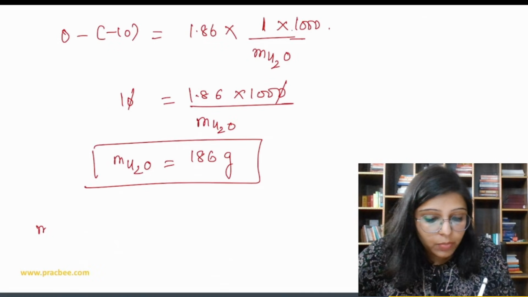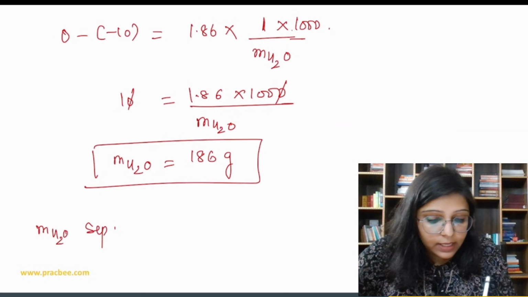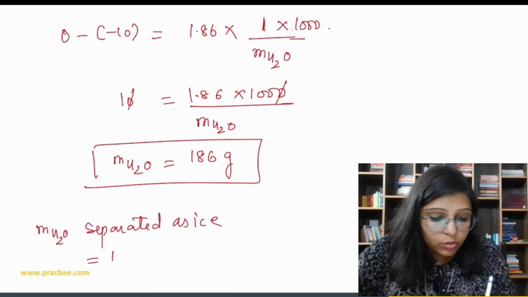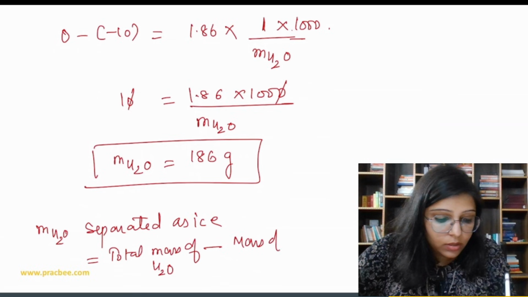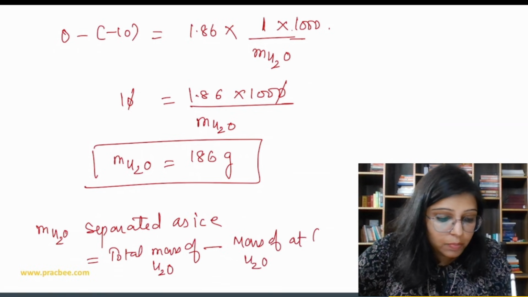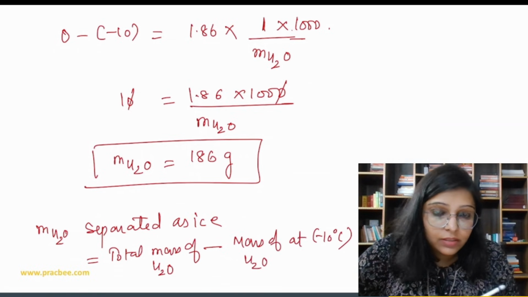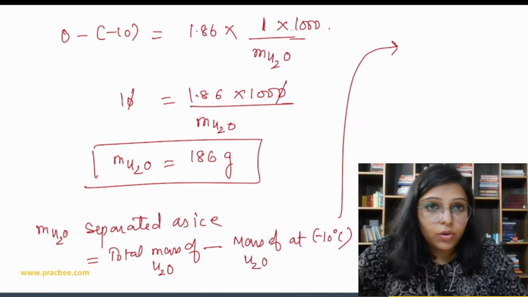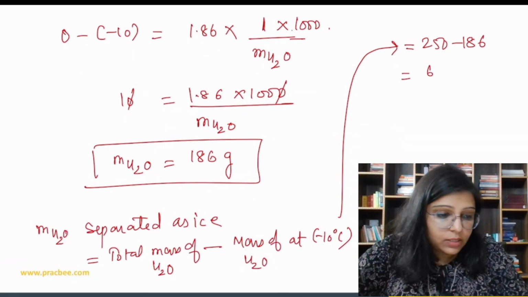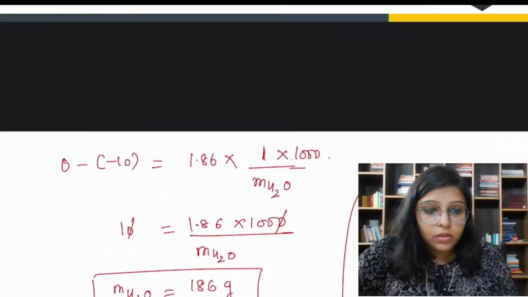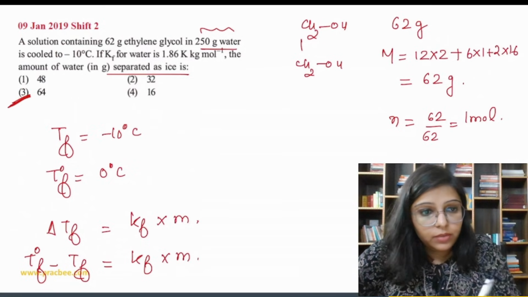So mass of water separated as ice is equal to total mass of water minus mass of water at minus 10 degrees Celsius. So on solving this, we get 250 minus 186, which is equal to 64 gram. So the answer is option number 3.